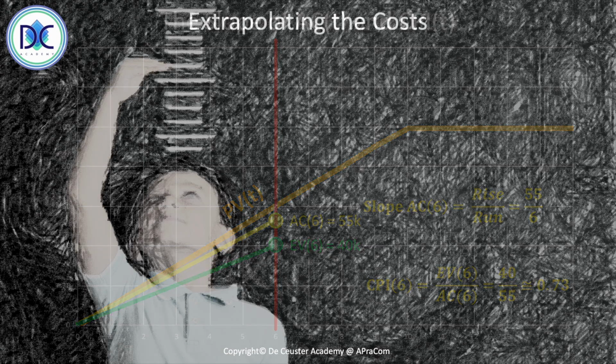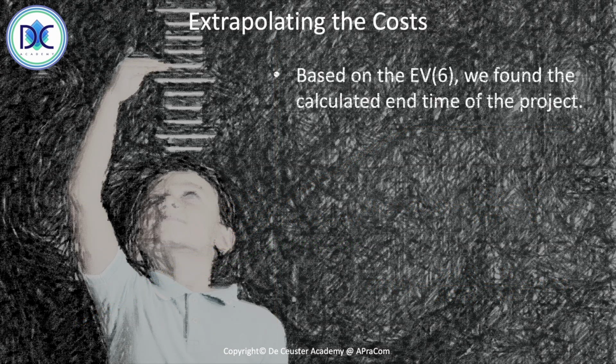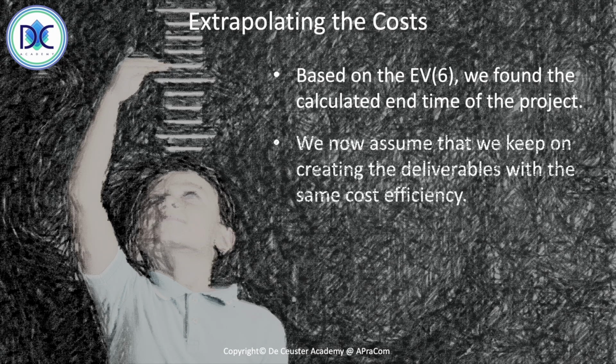Now, when we're extrapolating the costs, we must look at the different elements. We're going to look at period 6. We have the earned value at this period, and we use that to find the revised completion time of the project. And we do the same thing now.